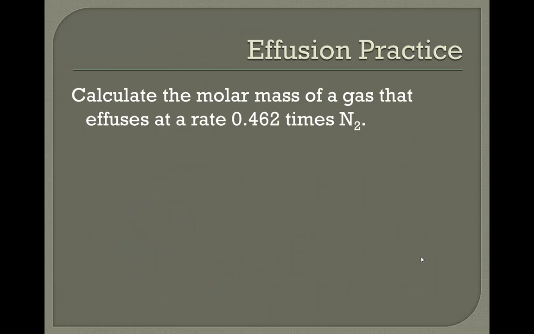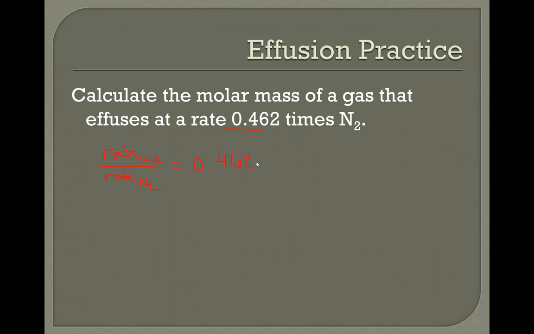So we can calculate this by saying: calculate the molar mass of a gas that effuses at a rate 0.462 times N2. So the rate of some unknown compound over the rate of N2 is going to be equal to 0.462.